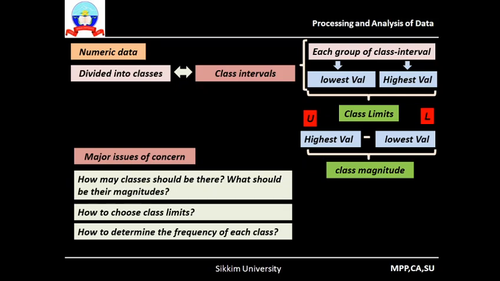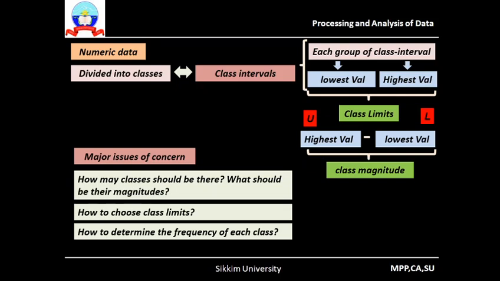If you remember, we had concluded the previous class with classification, wherein we have learned that classification is the process of creating a homogeneous group of data points based on certain common characteristics. We have also learned in the previous class that there are two types of classification, namely classification based on attribute and classification based on class interval.